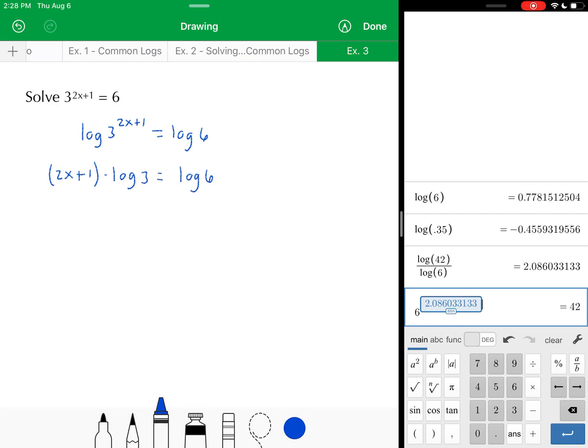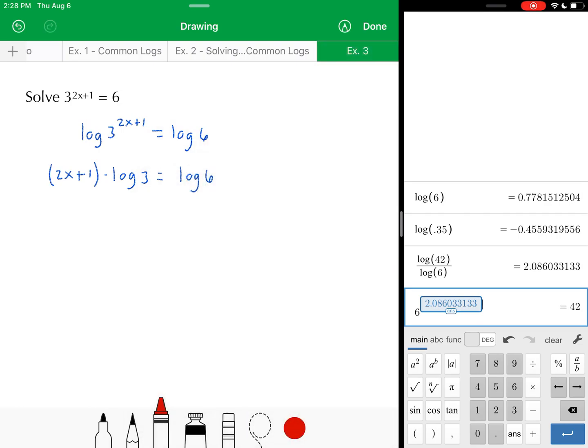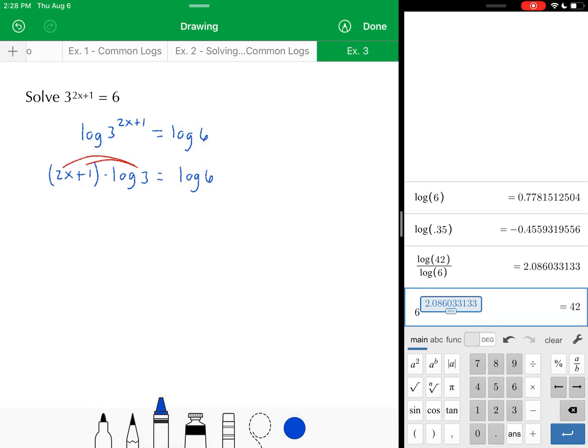Then remember, once again, common log of 3 is a numerical value, so I'm able to distribute it into that binomial, and I'm just going to write this as 2x log 3 plus log 3 equals log 6.